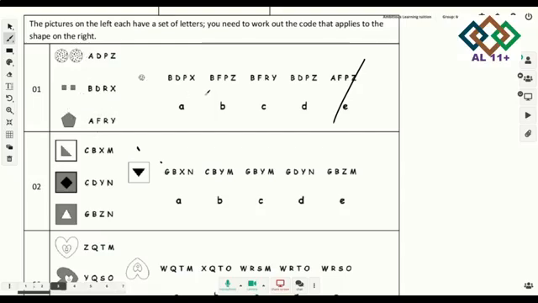One shape is an F. So we know it's an F. Others, try doing that. We know it's any one of them.